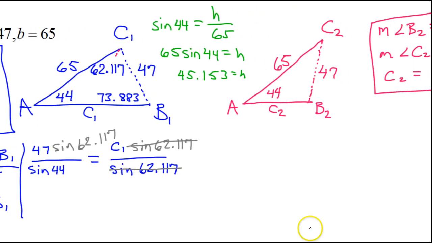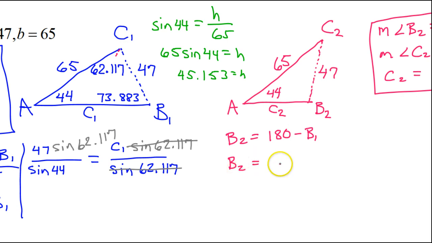But luckily, we can get this obtuse angle B2 by looking at the acute angle B1. These two angles will always be supplementary. So if I want to find angle B2, I can just do 180 minus B1.